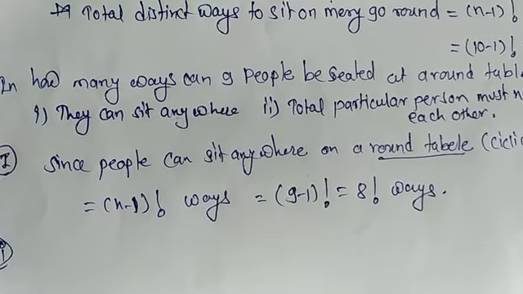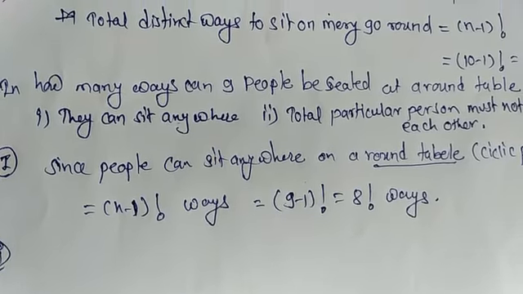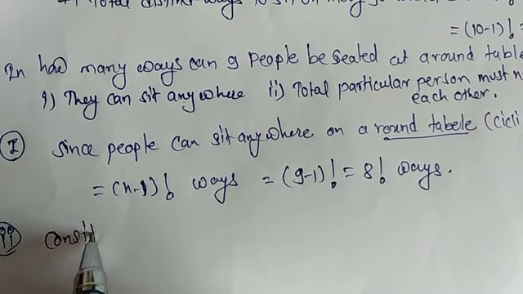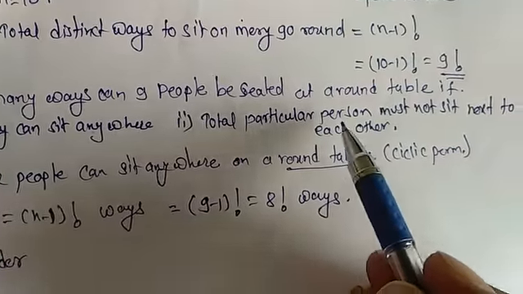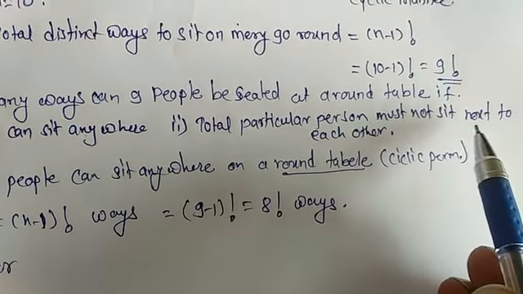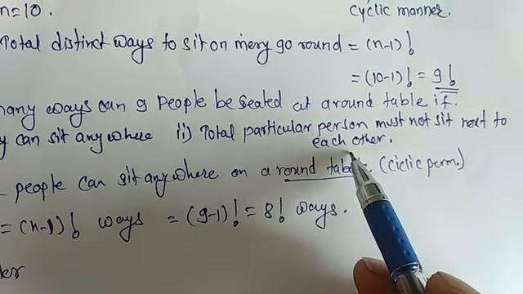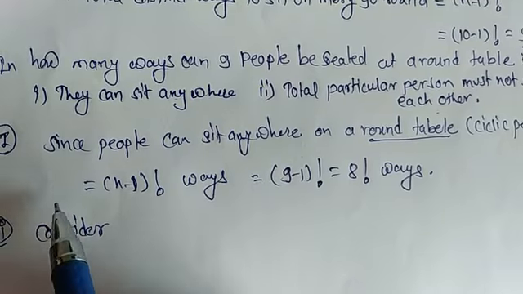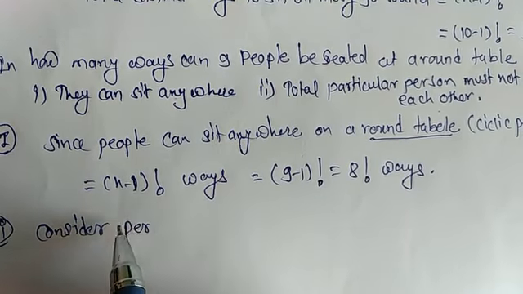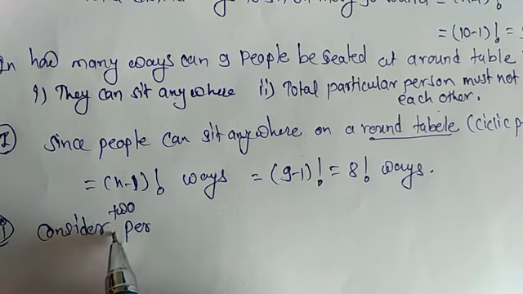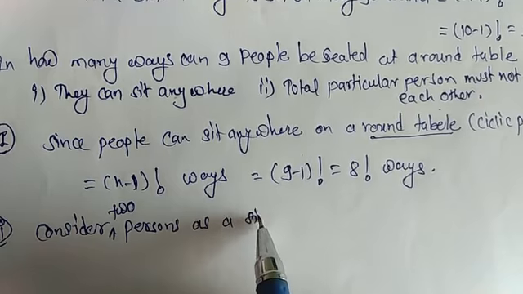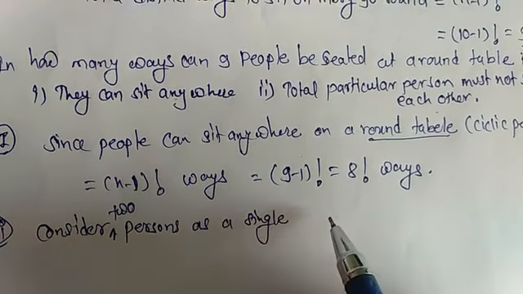Now for the second, consider two persons. We have to find the total ways in which the particular persons must not sit next to each other. In that, first consider the two persons as a pair, as a single person.